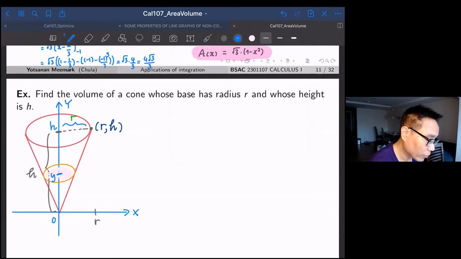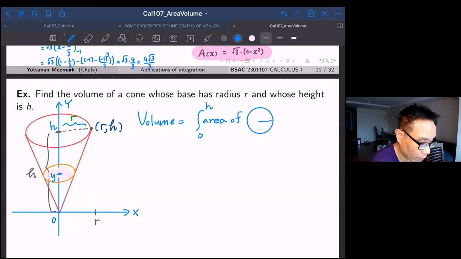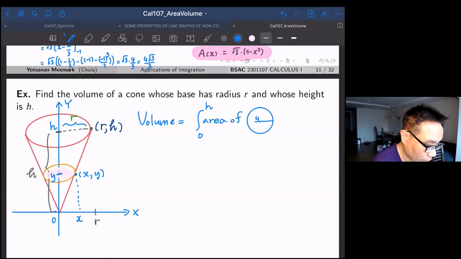So the volume turns out to be the integral from 0 to h of the area of the circle. Your circle will be centered at y, and you see that this point is the point (x, y). You're going to project this for your x. So you have a circle centered at y, and it's going to be dy.